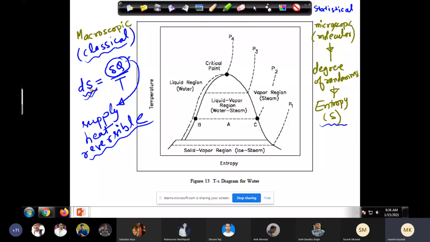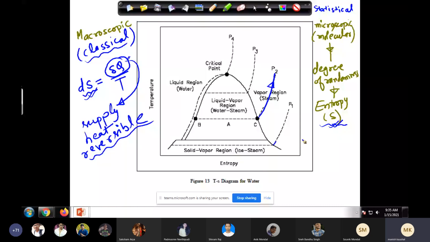From the degree of randomness point of view, the higher the temperature, the higher the kinetic energy, so the system contains more randomness. A rough explanation. So if you choose any curve, as temperature increases, entropy also increases.